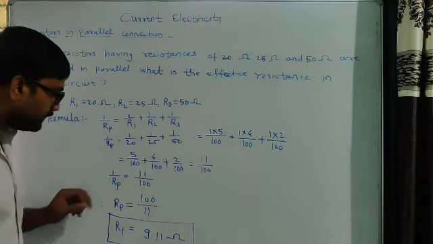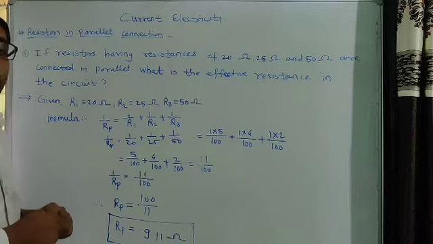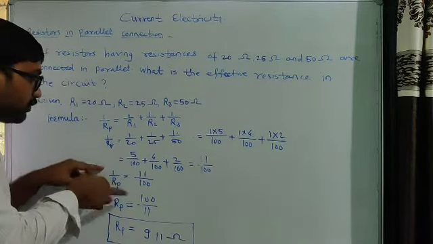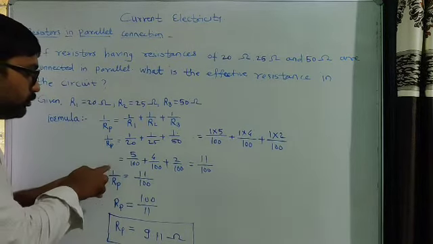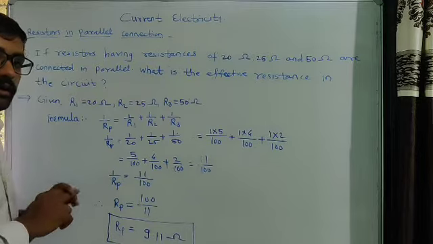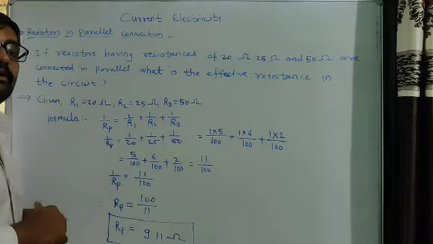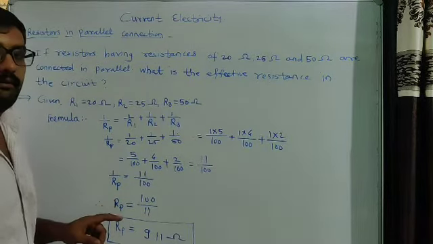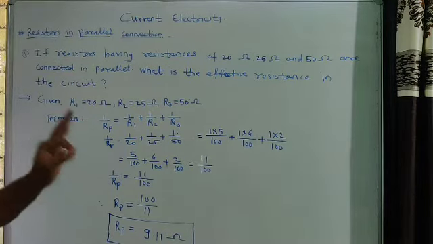This is the value of 1 by Rp, but what we have to find here is Rp, so we take the reciprocal of this term. So 100 goes into the numerator and 11 comes in the denominator. So Rp is equal to 100 by 11, and 100 by 11 is 9.11.